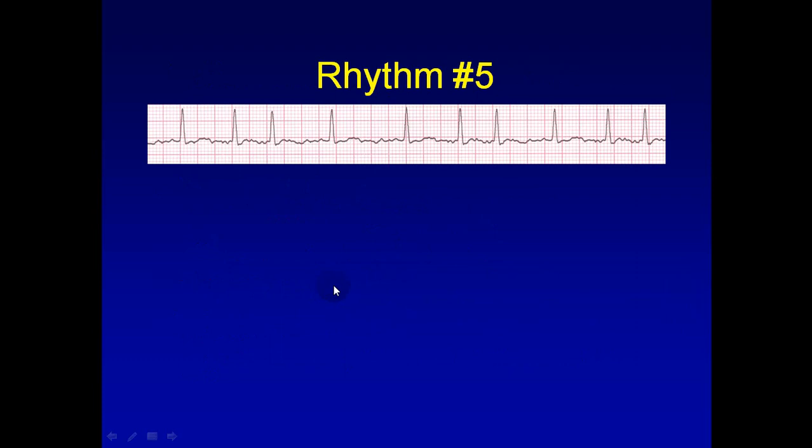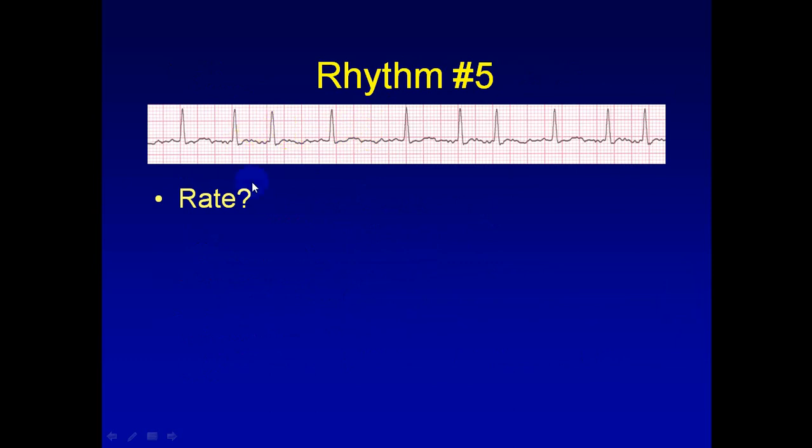As we know from the previous lecture, to start with the rate, this is irregular. See, this RR interval is not like that one, and this RR interval is quite different from the others. If we take large boxes 1, 2, 3 and divide, the rate here is about 75, and here more than 100.